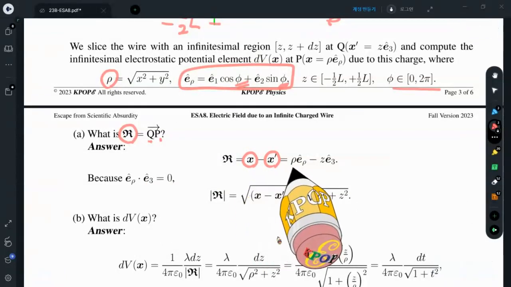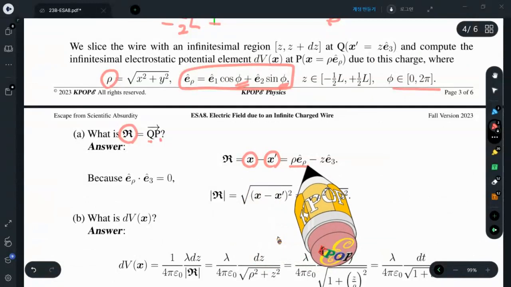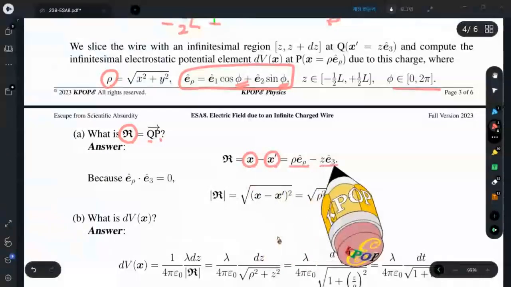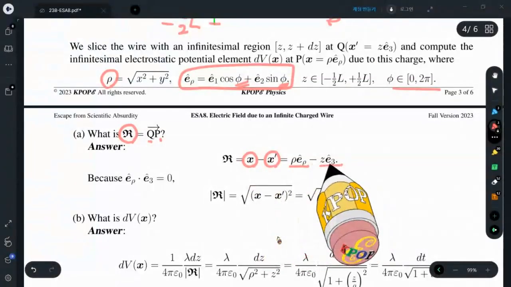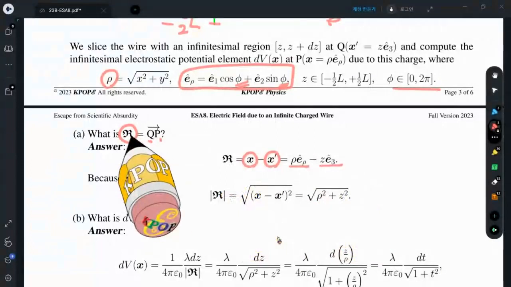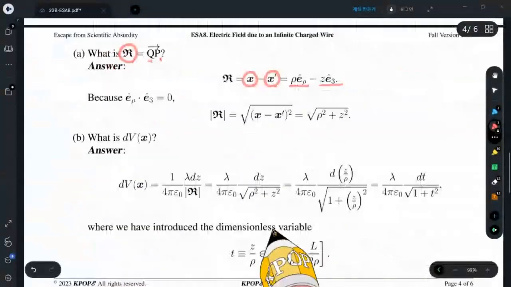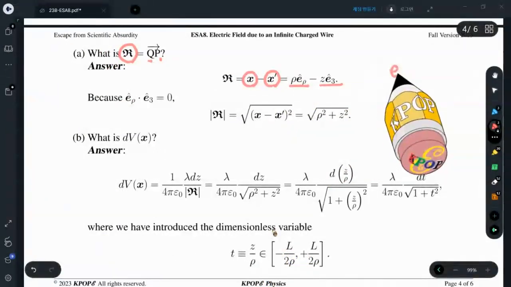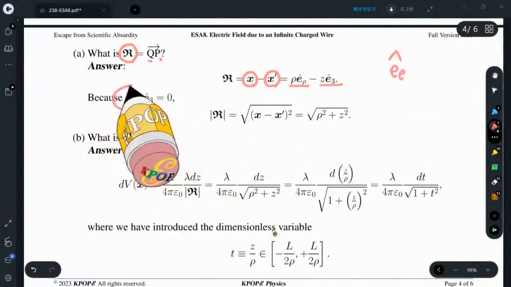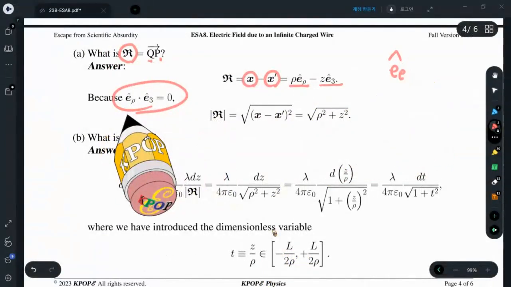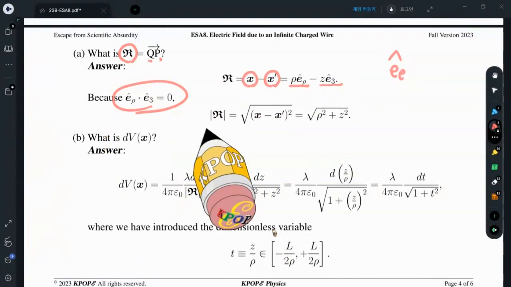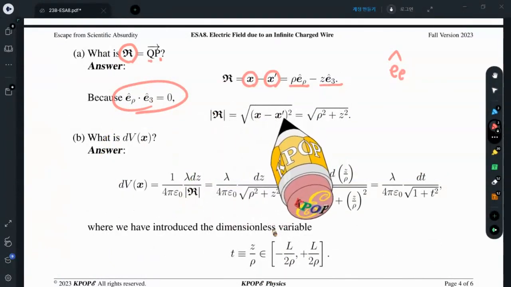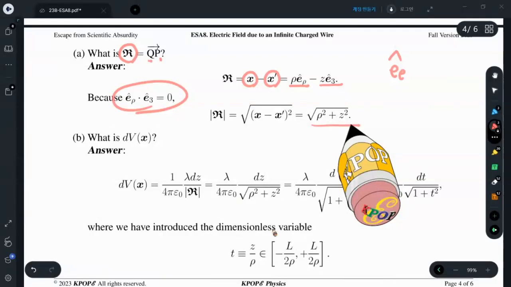Where is the field? rho e rho plus z e3. That is the point at which the charge is distributed. What is the magnitude? You know, e rho and e3 are perpendicular to each other. Therefore, the magnitude of this vector is trivial.